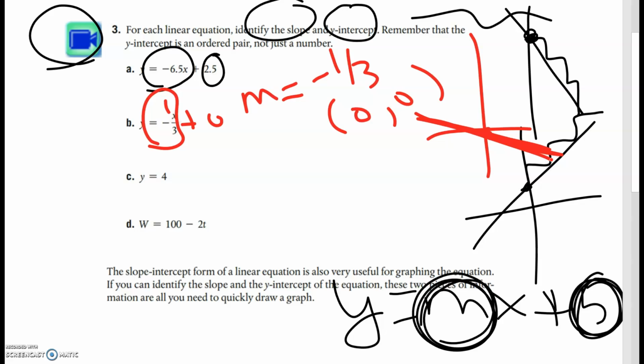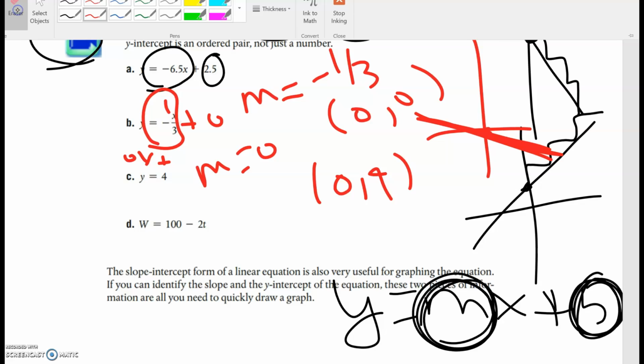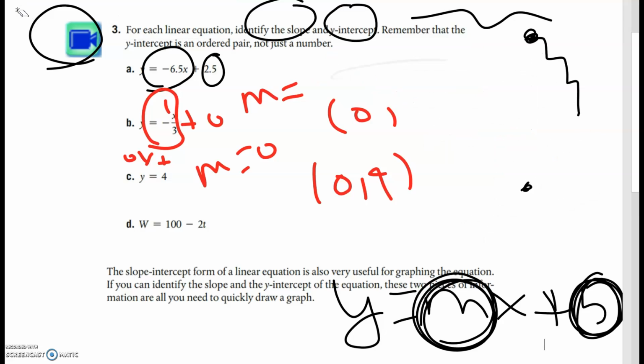The next one, notice here there's no x. So in a sense, it's 0x plus that 4. So this one has a y-intercept of 4. It's going to cross at 4, but it's going to have a slope of 0. So think back when we talked about slope and kind of what's going on there, like can you ski on the line, can you not ski on the line, that whole conversation.